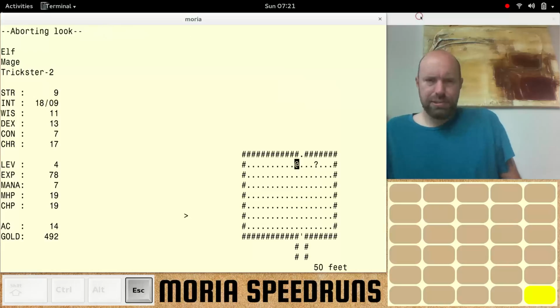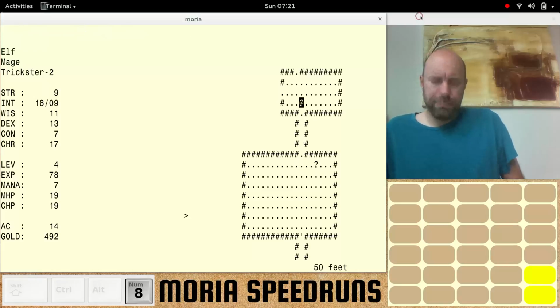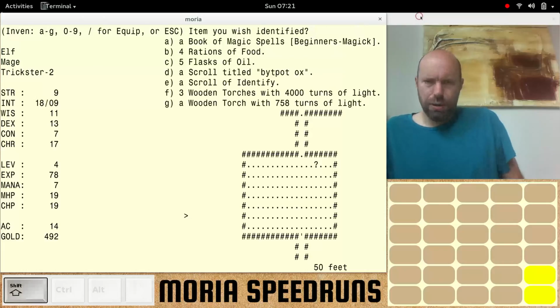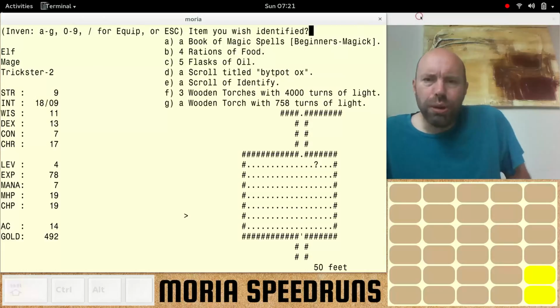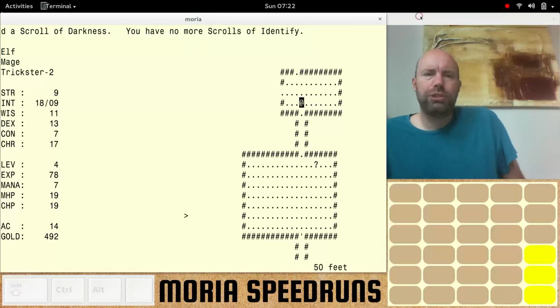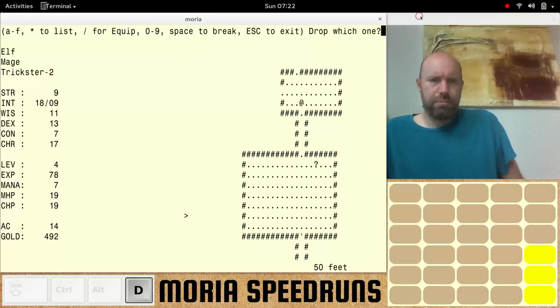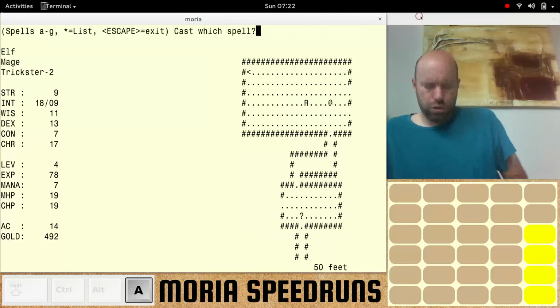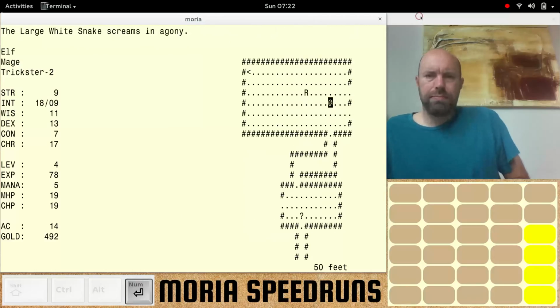Identify. Nice. Summon monster. Don't need it. Let's read our scroll of identify on our scroll of Beat Pot Ox. Scroll of darkness. Who needs it?